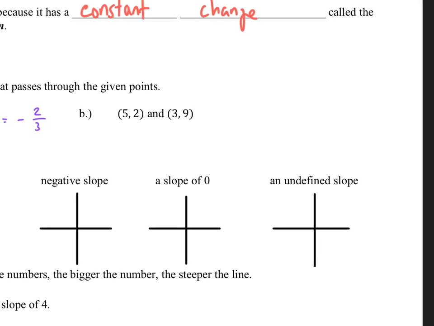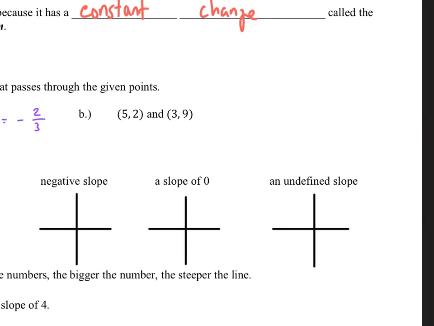Of course, there is a slope formula, and that just means you gotta remember the formula: y2 minus y1 over x2 minus x1. Again, it's just the change in the y's over the change in the x's. So if you're going to use the formula, then you got to go through and label. This is my x1, my y1, my x2, and my y2.